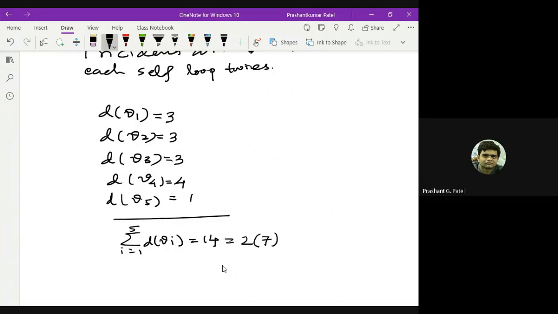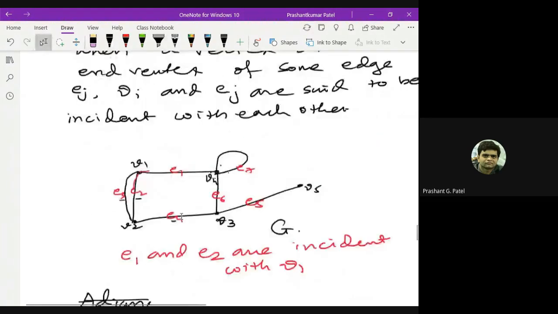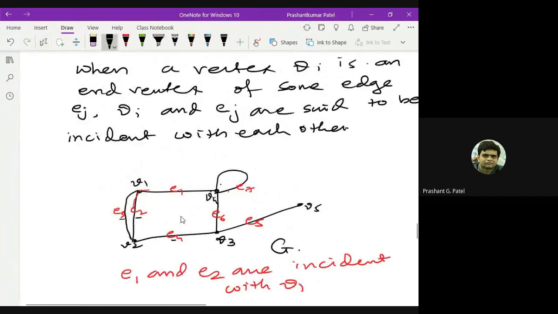Why? Because you are counting. When you have counted for E1, how many times will E2 be counted? 2 times. One when you calculate the degree of V1, and another time when you calculate the degree of V2.